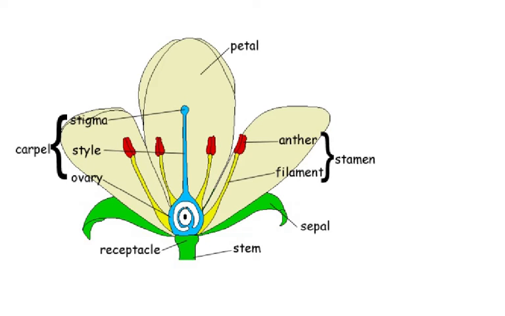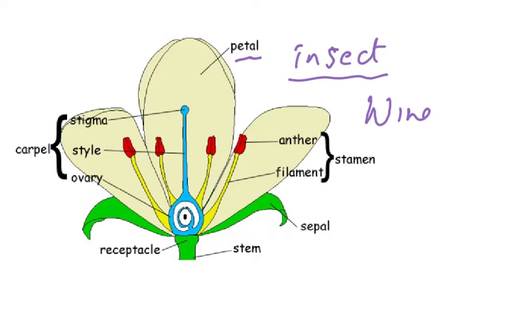Now, another diagram shows you the petals, which can be large and brightly colored, and these would probably be more prominent in insect pollinated flowers, because we're going to be discussing insect pollinated flowers and wind pollinated flowers. These are the two main types of flowers that we are going to discuss.